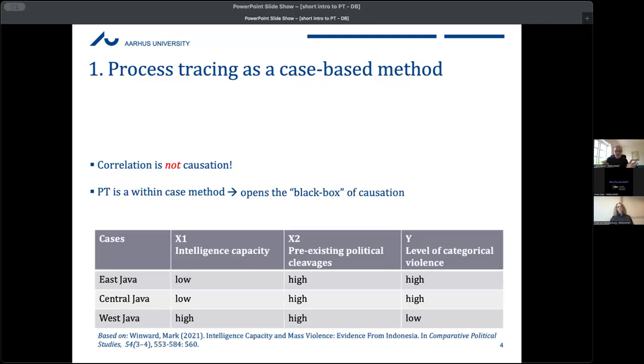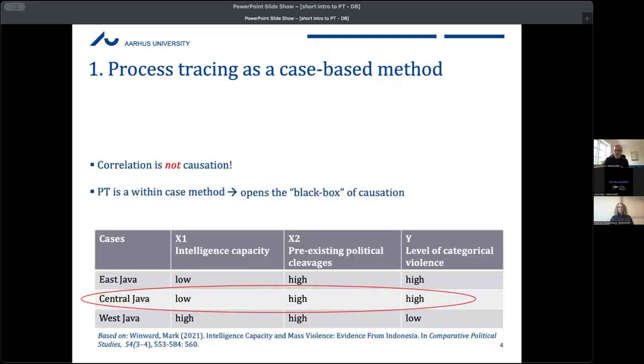So if we have, for example, just here we can see intelligence capacity and levels of violence, and it looks like there's a relationship with X1. When X1 is low, there's a high degree of violence, and vice versa. When X1 is high, you have a low degree of violence. But is that causal?